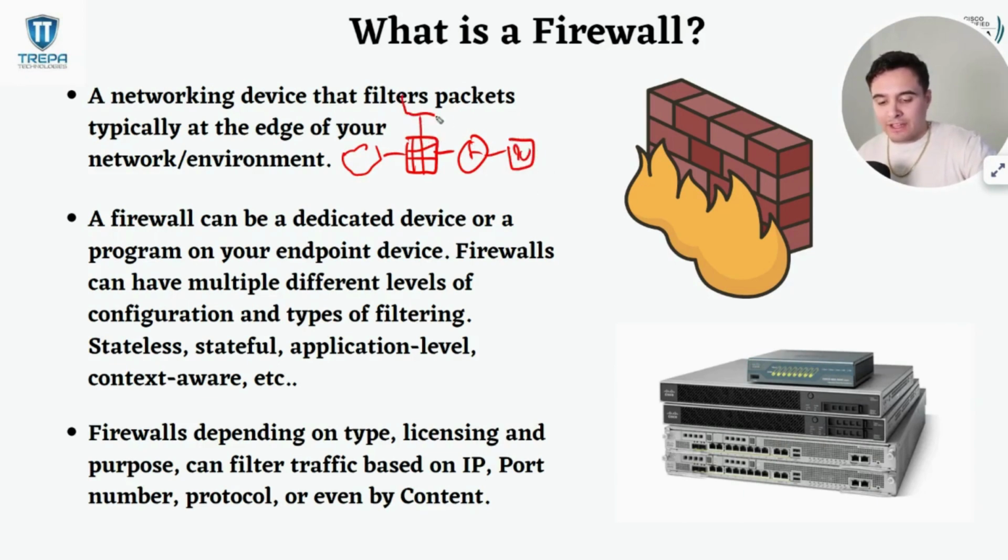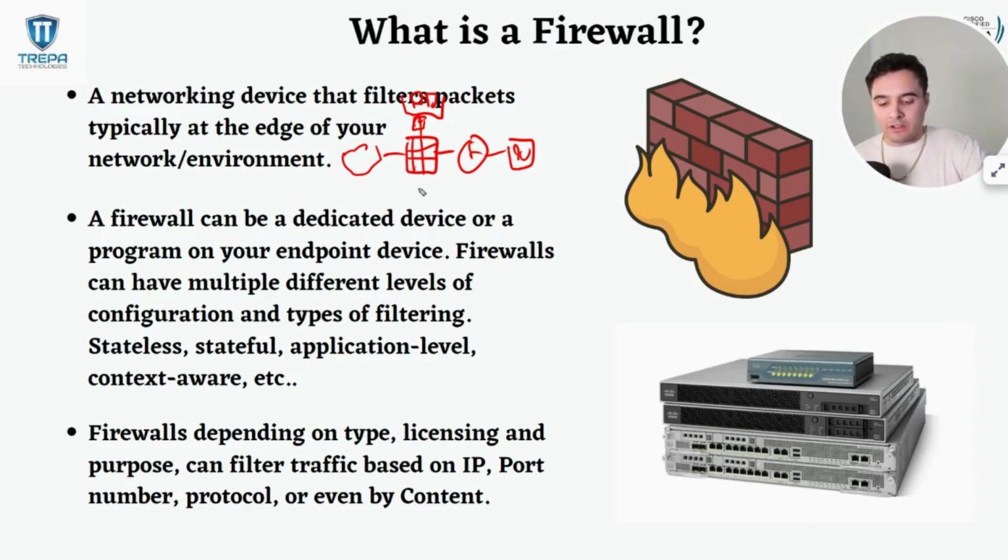And you could also maybe have a DMZ off here with servers connected to that firewall, right? Switch in between here. But what this firewall does is it's going to create zones, right? Inside and outside zones that are trusted and untrusted, essentially. And it's going to filter packets based off a number of different criteria.